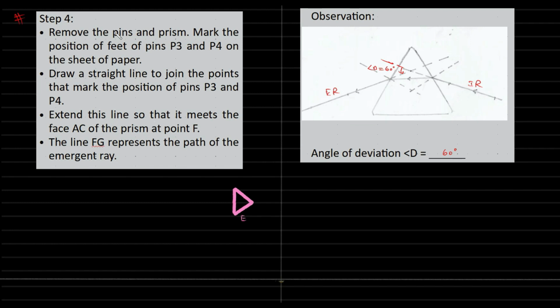Step 4, and you need to write the observation and write this answer.